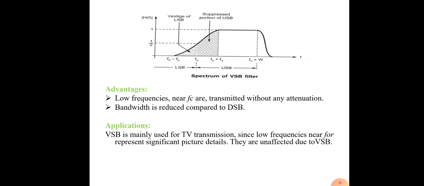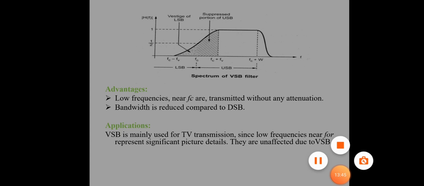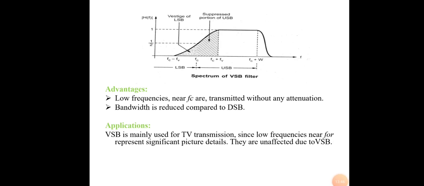So these are the things we have to mention in VSBSC: what is VSBSC, how to generate the VSBSC, and how to demodulate the VSBSC signal. Those elements we must know. And what are the advantages of VSBSC? As shown in the figure, low frequencies near fc are transmitted without any attenuation.